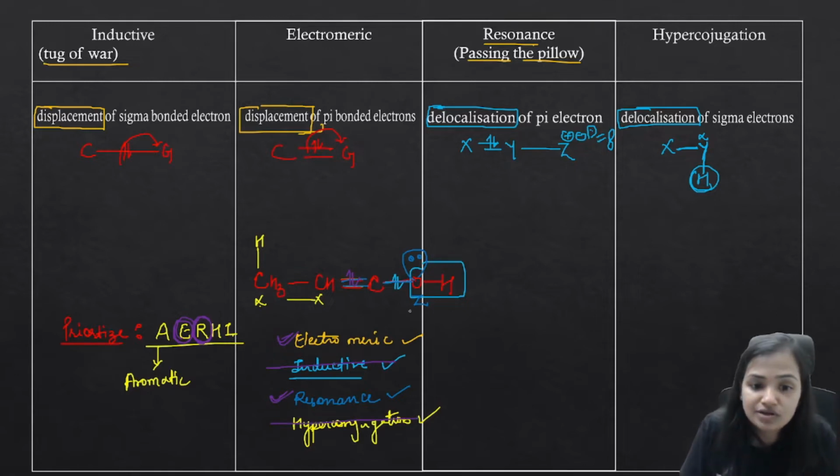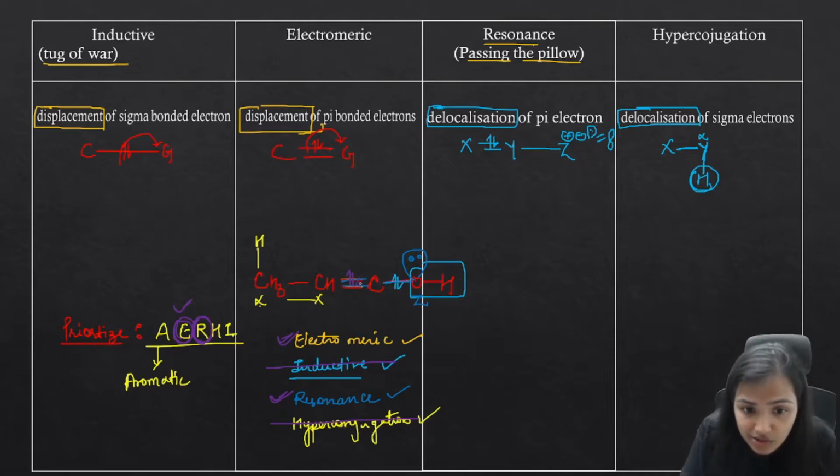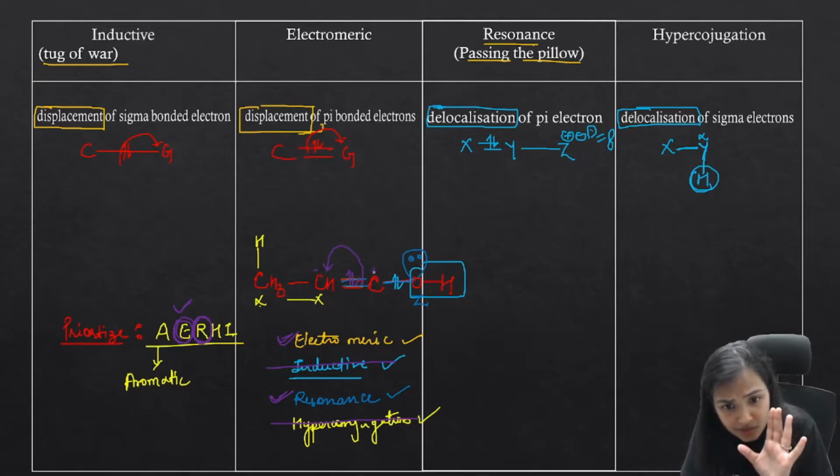So focus: yes, I have to break this particular bond. In which direction will this bond be broken? The electromeric effect gives you a sense that this pi bond has to be broken, with displacement of the pi bonded electron in this particular direction. So temporarily this will become negative, this will become positive.